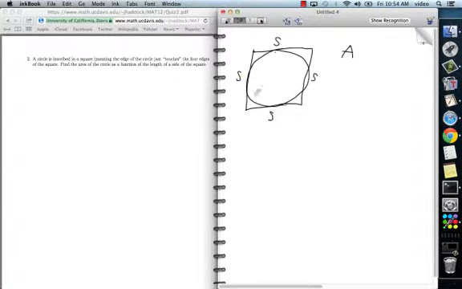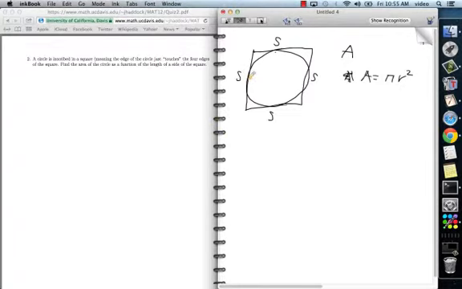The third step with these problems is to make note of the equations that you know. So the first thing that we know is that A equals pi r squared. Okay. Now right now we have A as a function of r, the radius. Eventually we want to have A as a function of the length of the side of the square, or A as a function of S. Okay.